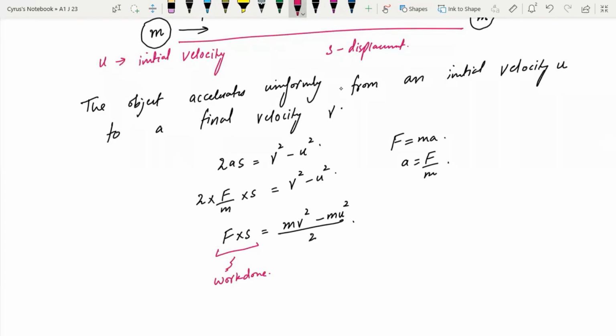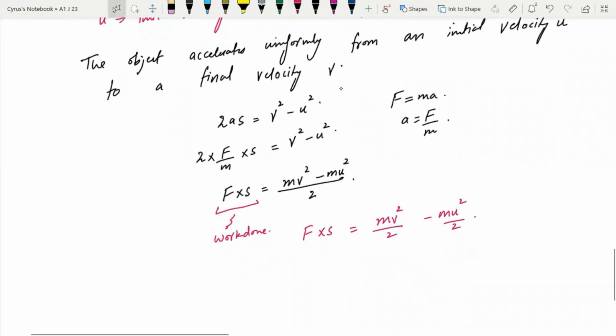I'll write it like this. F into S is equal to mv square over 2 minus mu square over 2. ये derivation बहुत important है, ये आपके syllabus में included है. Half mv square minus half mu square.